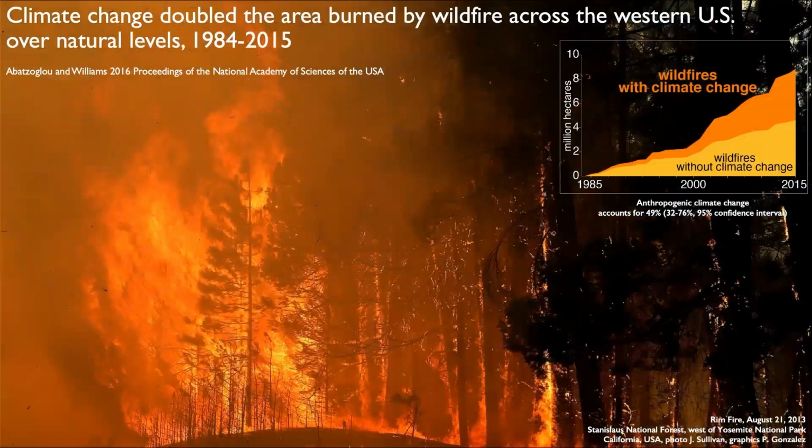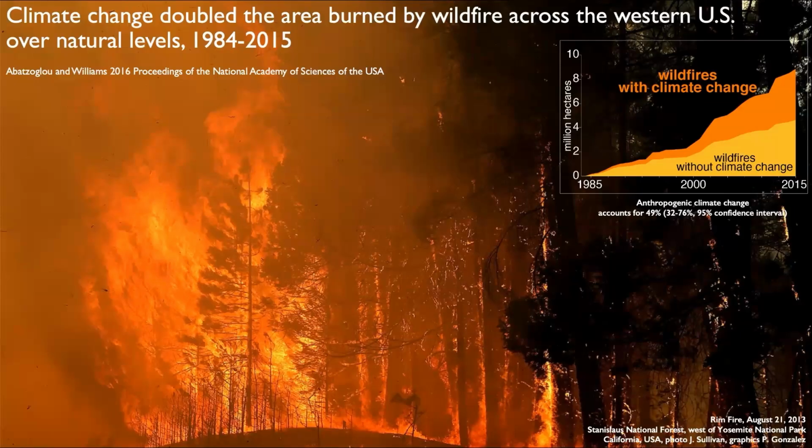So wildfire is natural in many temperate zone ecosystems. It facilitates germination of certain pine species. It clears out the understory. But climate change is causing wildfire above those natural levels, including here in the Rim Fire that burned in California and up into Yosemite National Park.